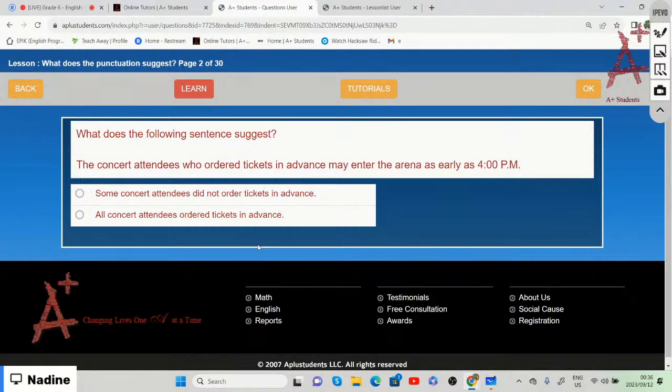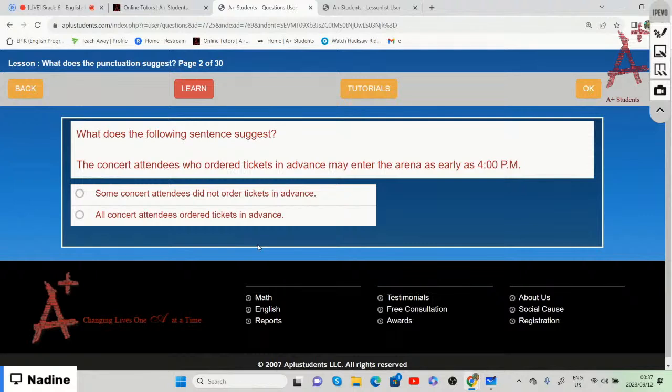So this gives us an idea that some concert attendees did not order tickets in advance, which means that they will probably buy tickets by the gate or something like that, but not all concert attendees ordered tickets in advance.